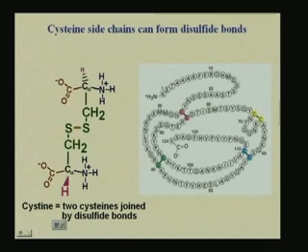Okay. The only other covalent bond that is formed in proteins is this disulfide linkage that is formed by the linking of 2 cysteine residues that may be far away in the protein chain, that is the SS linkage that we show here.